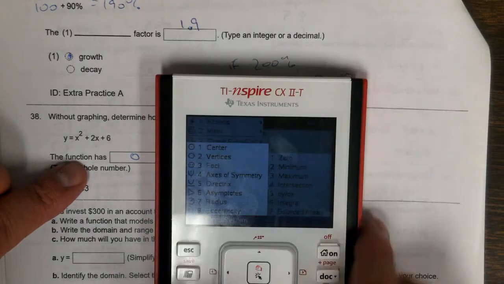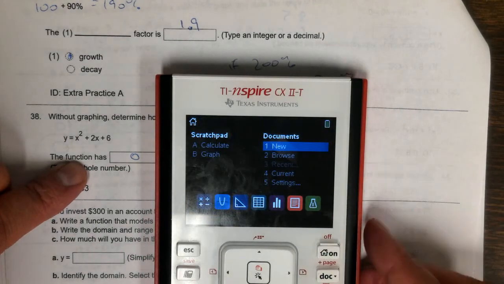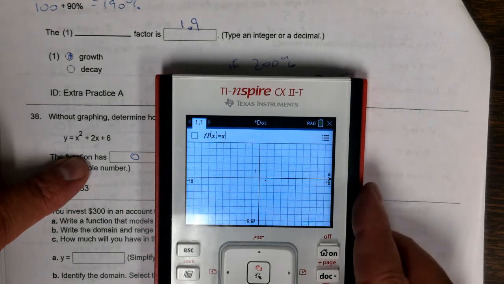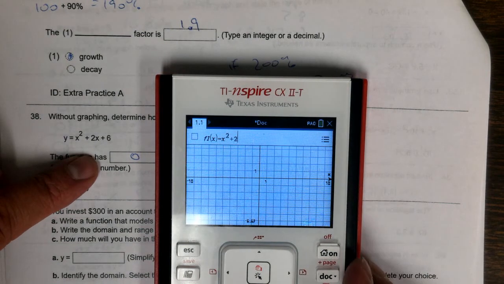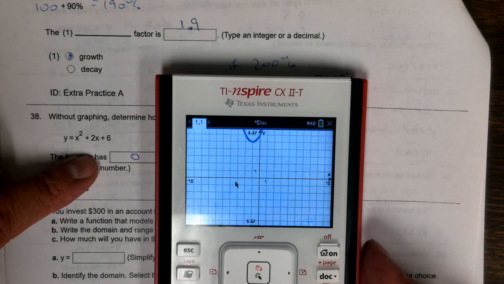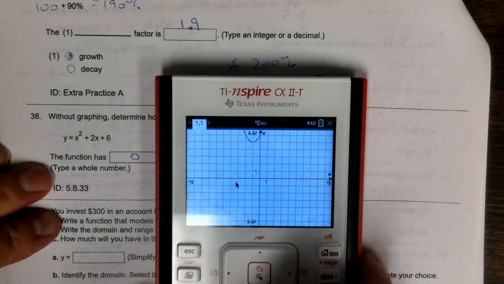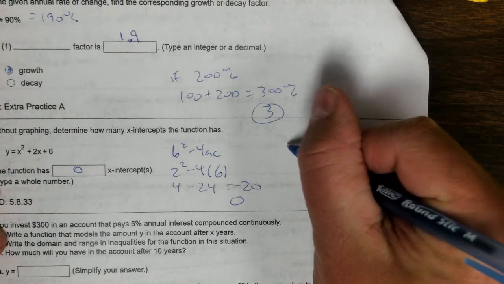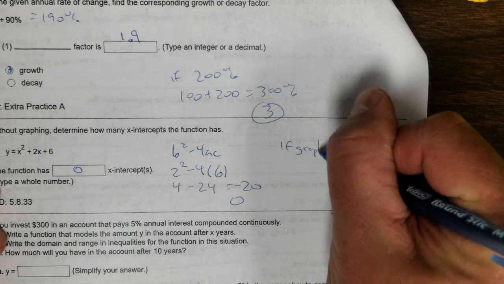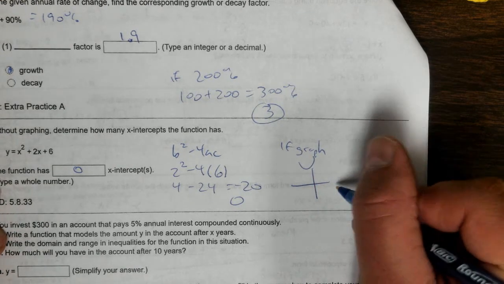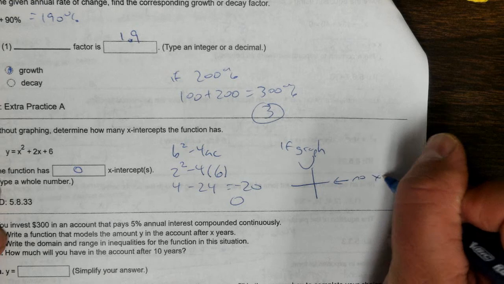If you'd rather graph it, you'd have x squared plus 2x plus 6, and that graph is up here. So if you graph it, then it's going to be like that. And so there's no x-intercepts.